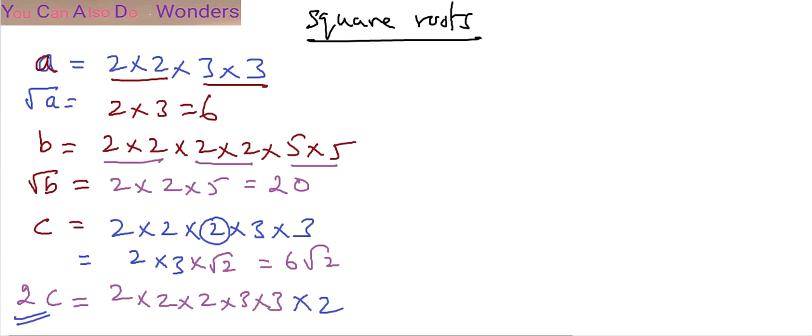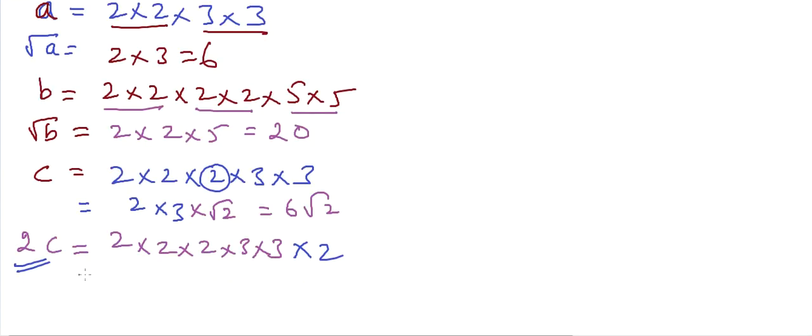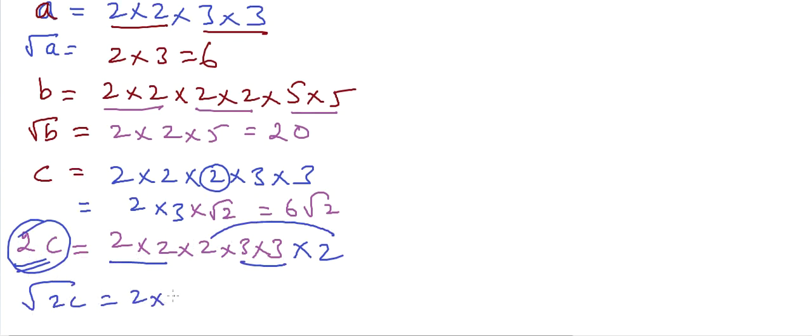Correct. So now see, 2c is a square number, isn't it? Because 2 has a pair, and 3 also has a pair. So the square root of 2c will be 2 into 2 into 3, which is 12.